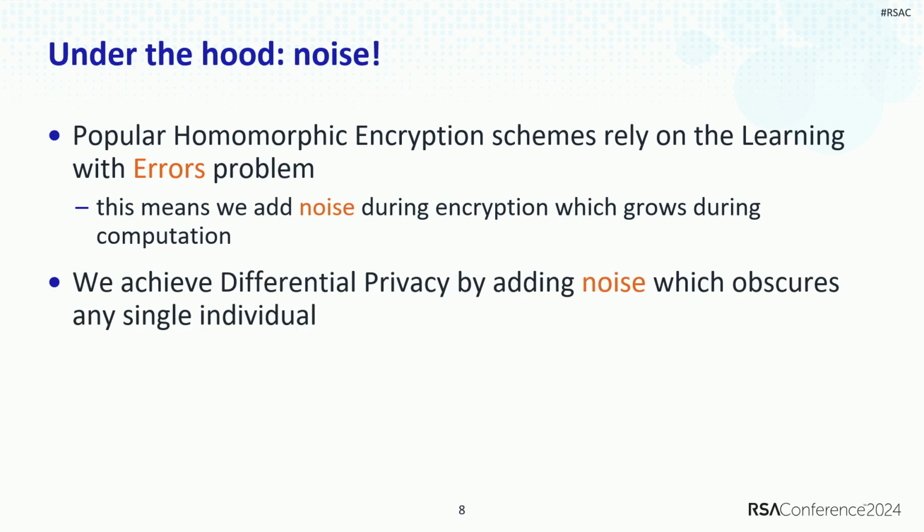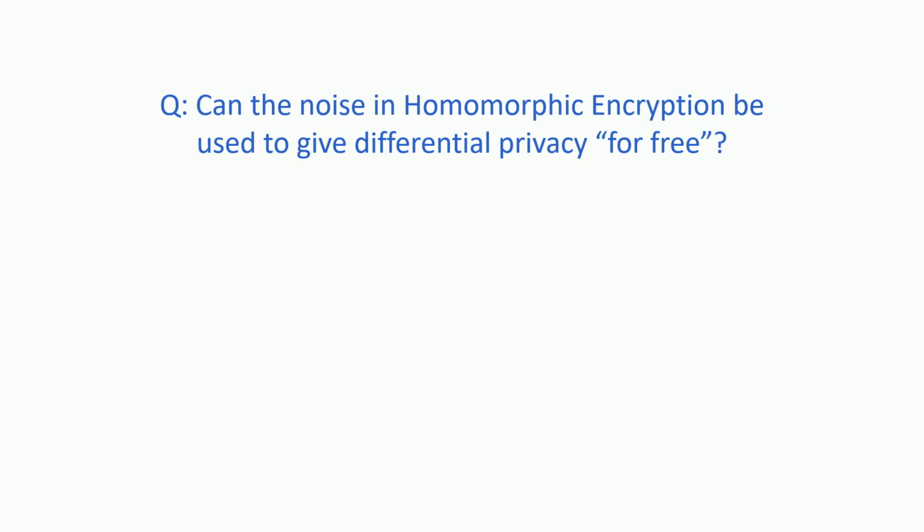And on the flip side, a popular technique for achieving differential privacy is adding enough noise that any single individual is obscured. We randomize a little bit. And the goal of this work is to make an identification between these 2 noises. Can we say that the noise in homomorphic encryption means that we have differential privacy for free?